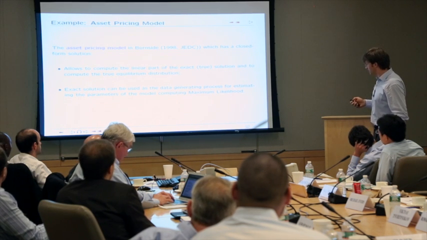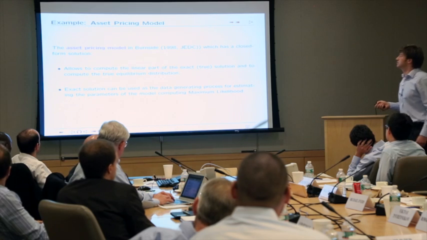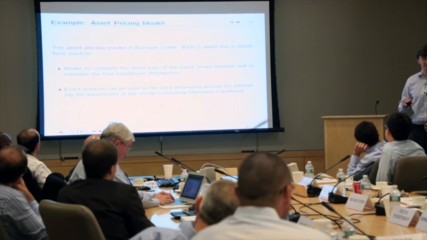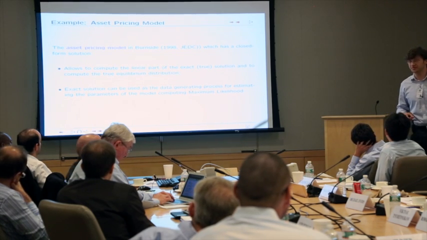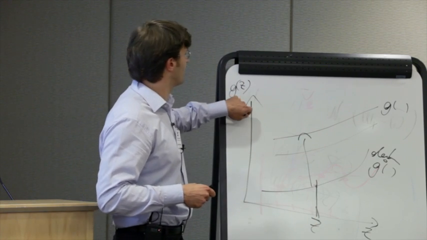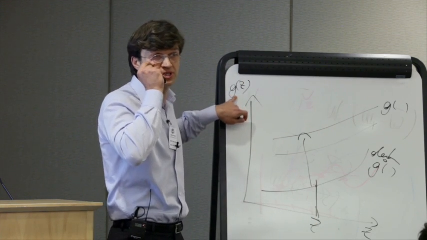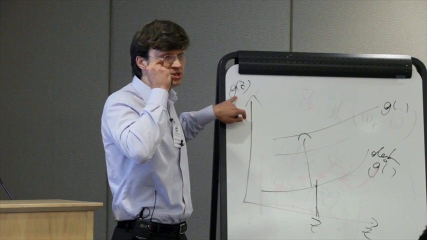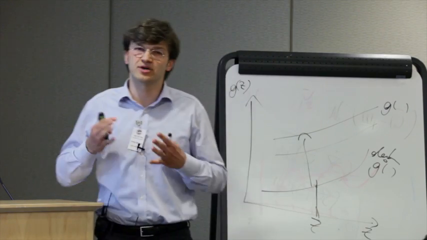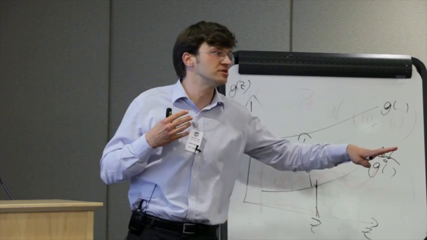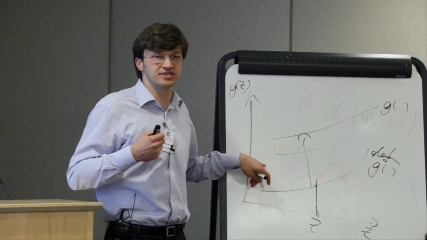But what I like most is the asset pricing model in Burnside, which is a very simple setup where you have one exogenous variable, the dividend growth rate, and one endogenous, the price-dividend ratio, where a closed-form solution exists. And I can use this example to really compare my solution with a conventional linear solution and with the exact solution.